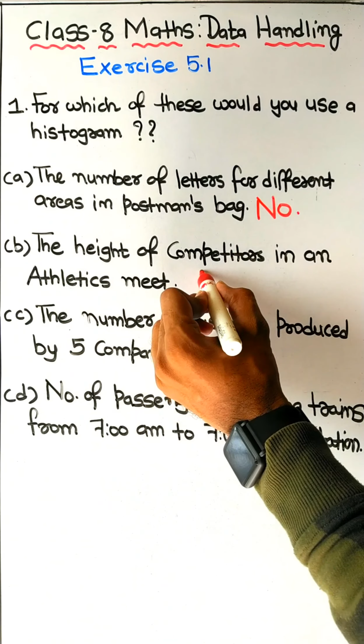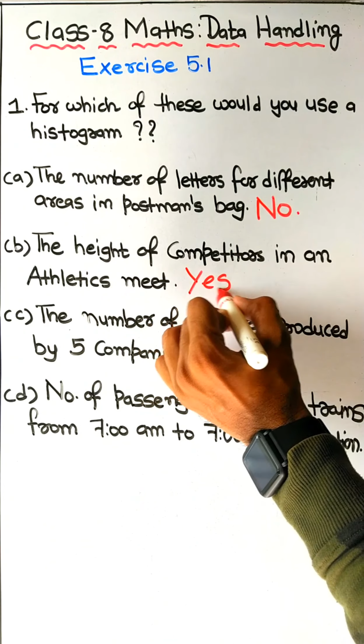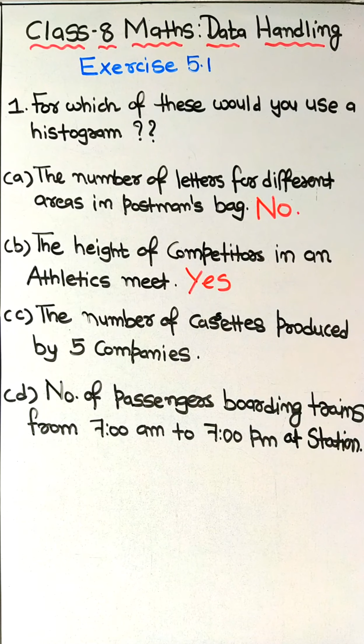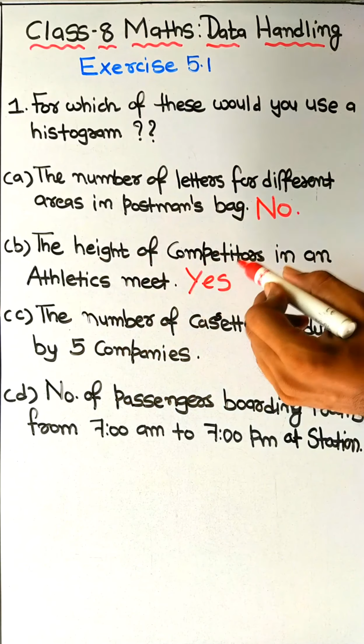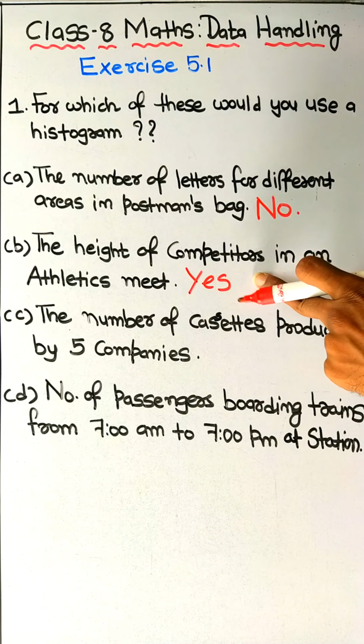Now the answer will be yes, because you see the height may be having some kind of range. Suppose there are 10 competitors and the lowest is 120 centimeter and the highest is 150. So we can divide the range of 120 to 150 into specific class intervals. So that is why we can prepare a histogram out of this data.